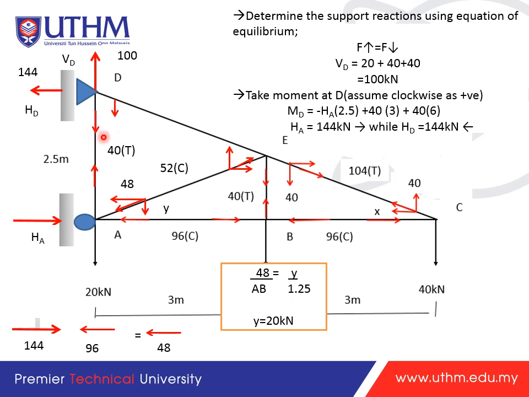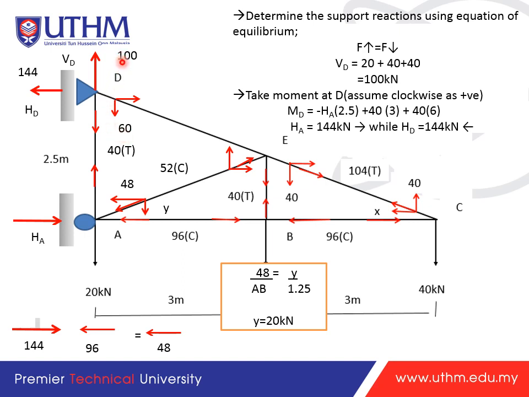If we look at here, we have 100 here, which is referring to BD, and we also have 40 here, right? So the balance is 60. How do we know that it is 60?